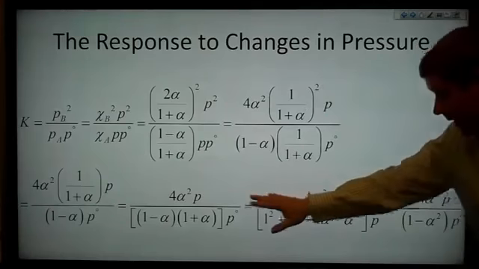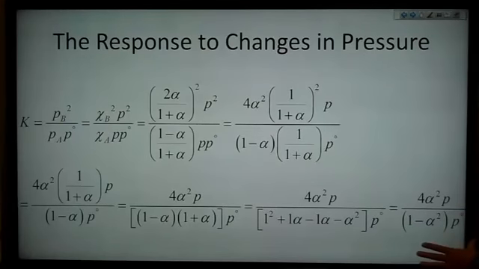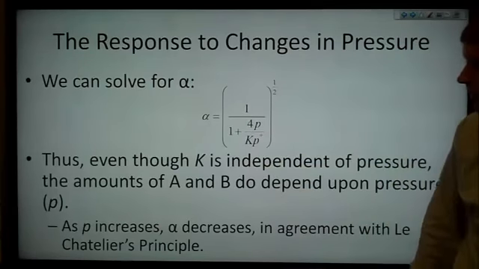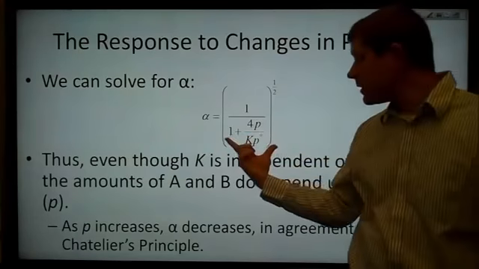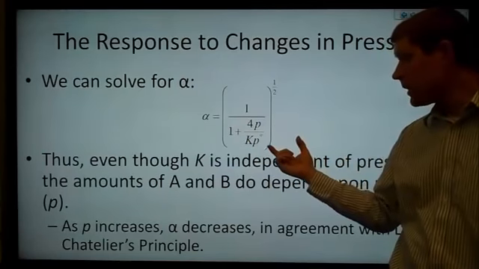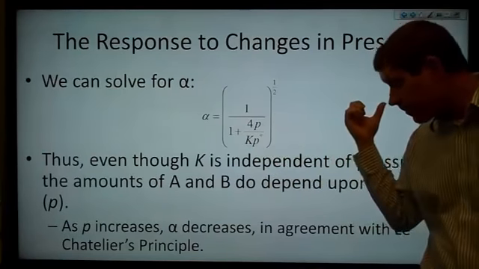After we do some math and clean it up a bit, we end up over here with 4 alpha squared times the total pressure divided by the quantity 1 minus alpha squared times P naught. Again, P naught is 1 bar, just to make our quantity unitless. And then we can solve that for alpha. So alpha is the square root of 1 over 1 plus 4P over K P naught.